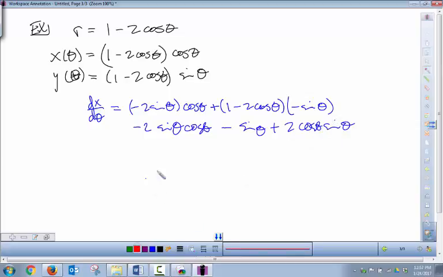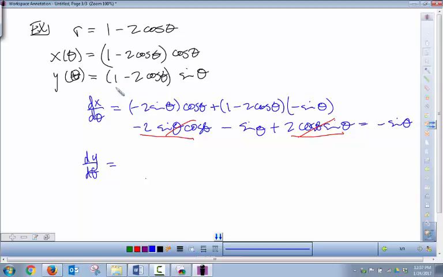And I see that I have two terms that are the same except with a negative. So that'll leave me with just negative sine theta. Hope I did that right. I make a lot of mistakes on purpose. You should try to catch my mistakes whenever they come up. I also make a lot of mistakes by accident.